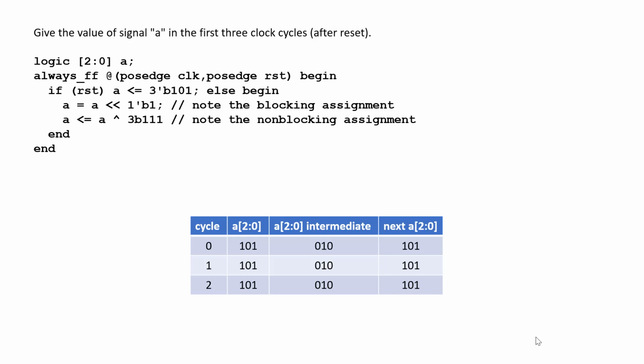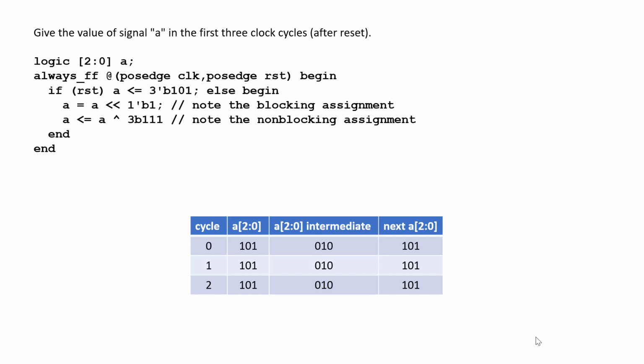The difference is that when you have a blocking assignment, any subsequent statements in the always block will see the updated value of that assignment. In other words, when you assign A in this line and then you use A as an input in the next line, the next line will see the updated value of A.